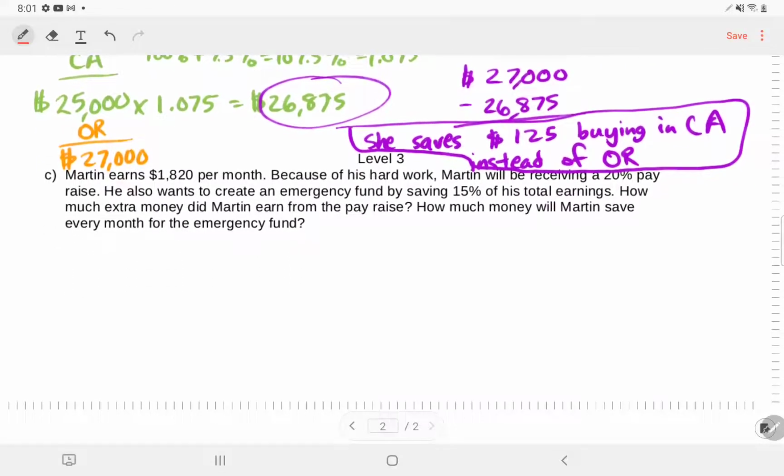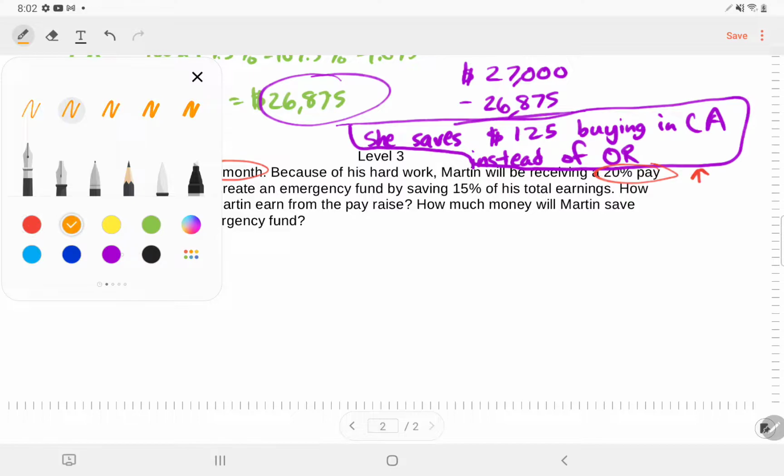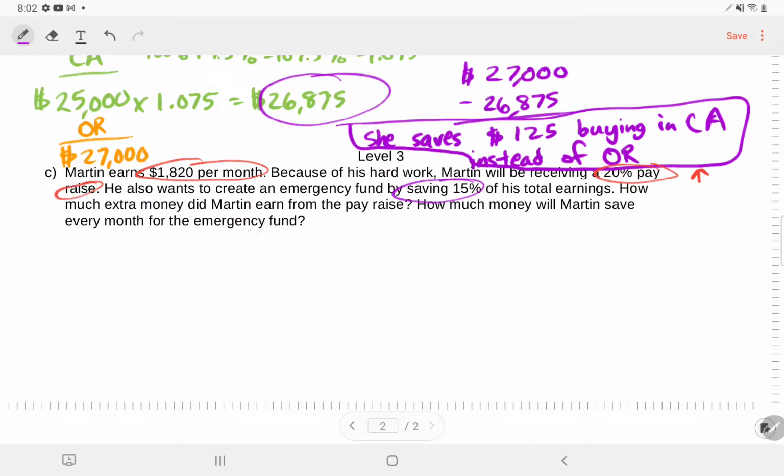Okay, last problem. Martin earns $1,820 per month. Because of his hard work, Martin will be receiving a 20% pay raise. So that means he's going to get more money over time. He also wants to create an emergency fund by saving 15% of his total earnings.